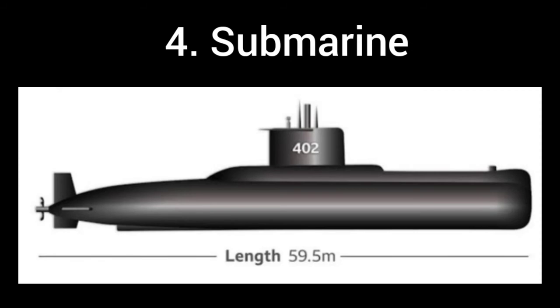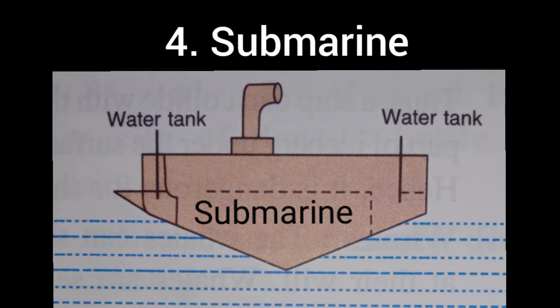A submarine is provided with water tanks to make the submarine dive. The tanks are filled with water so that the average density of the submarine becomes greater than the density of seawater and it sinks. To make the submarine rise to the surface of water, these tanks are emptied.